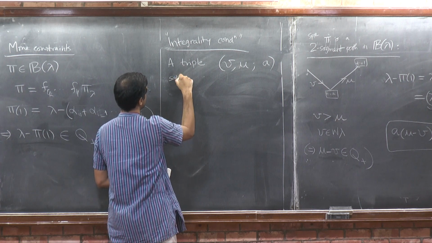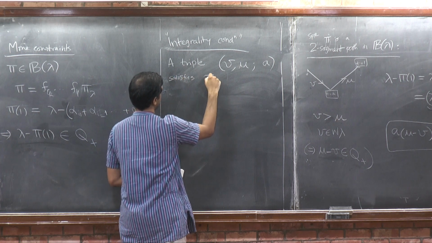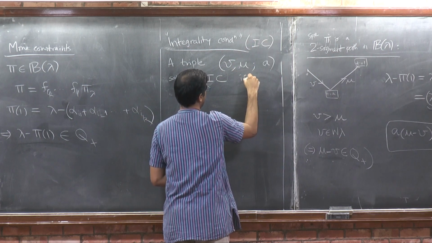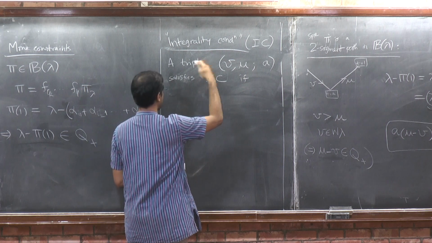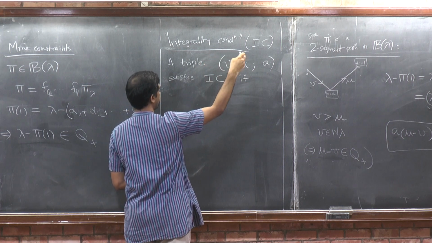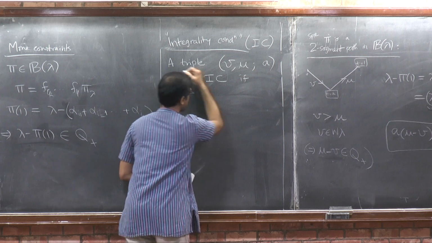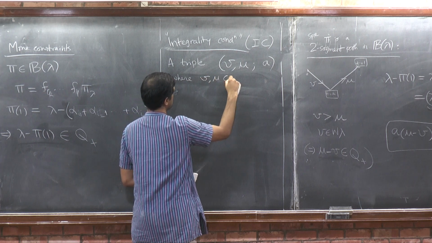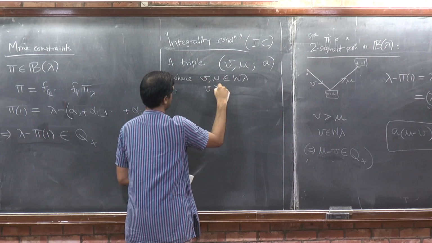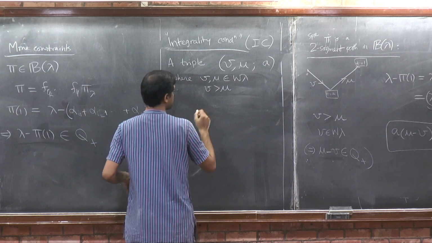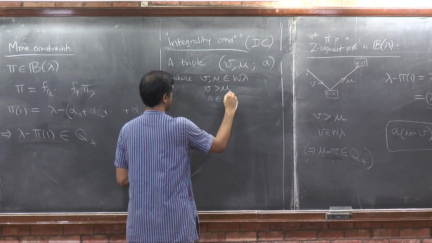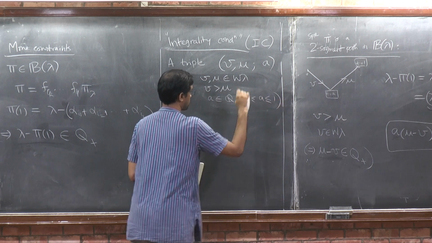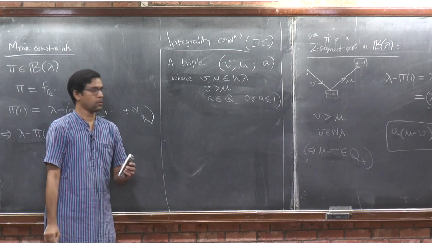If the following happens. So what are the elements of the triple? A triple nu, mu, A, where nu and mu are some Weyl conjugates of lambda, nu is bigger than mu in that partial order, and A is some rational number between 0 and 1. I guess you can also put 0 and 1 there, no harm.